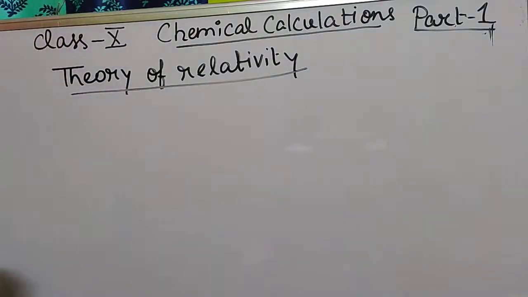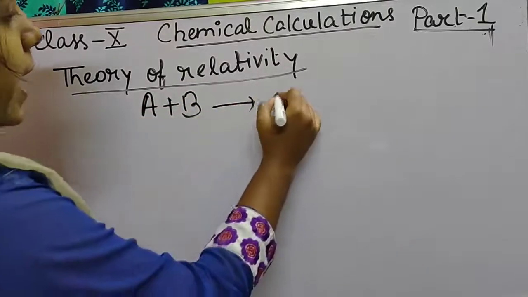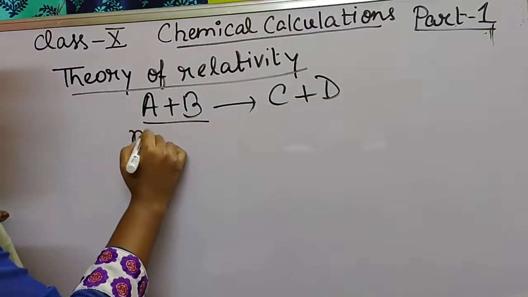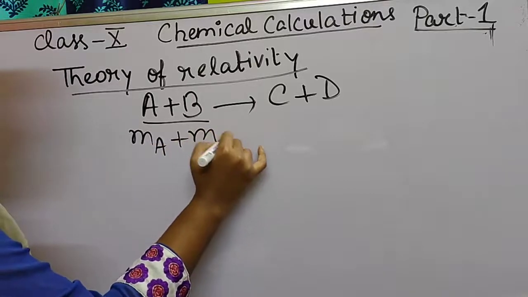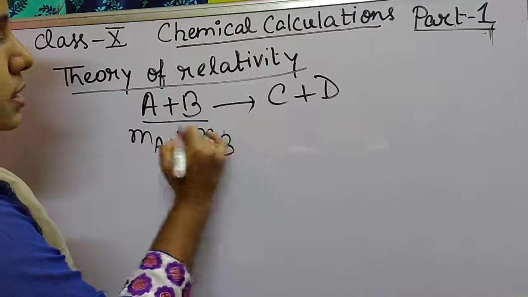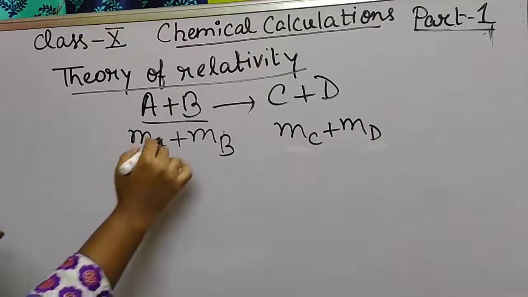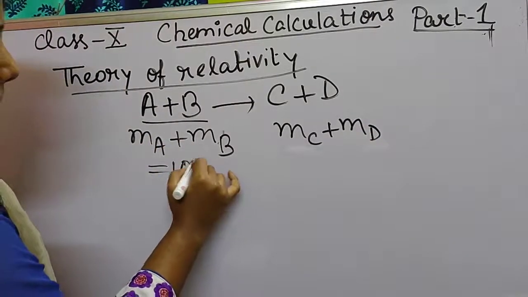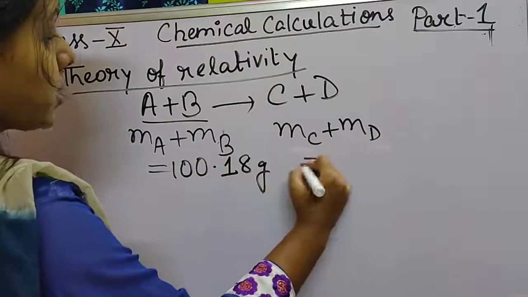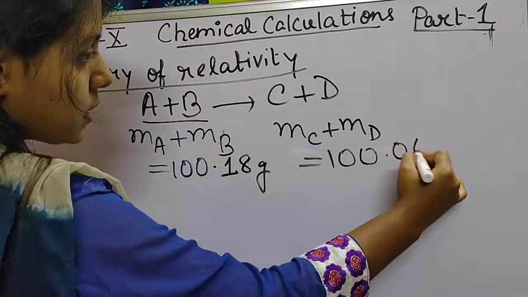Okay. So suppose A and B are the reactants and C and D are the products. Now suppose the total mass of the reactants is 100.18 gram, and suppose the total mass of the products is 100.04 gram.